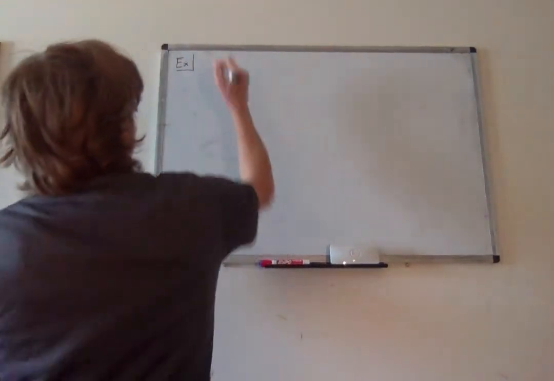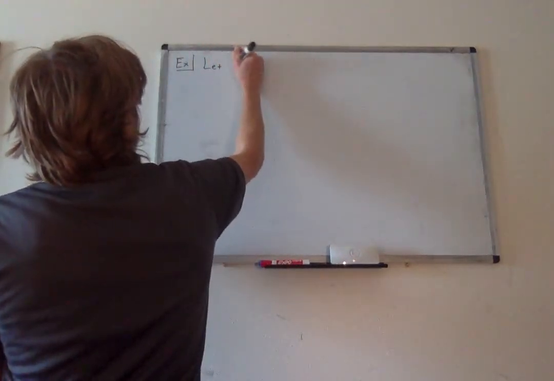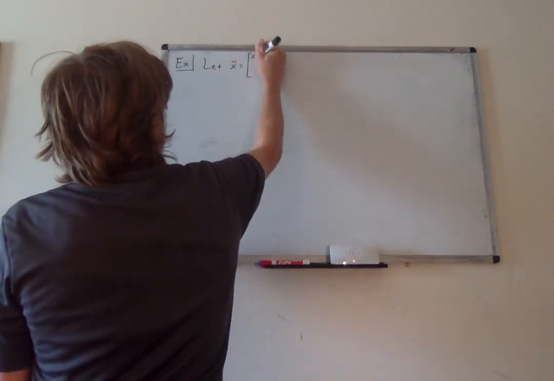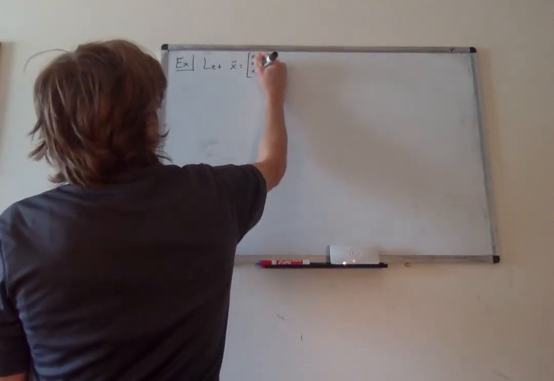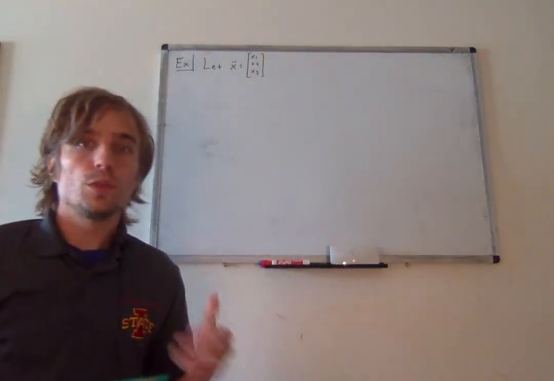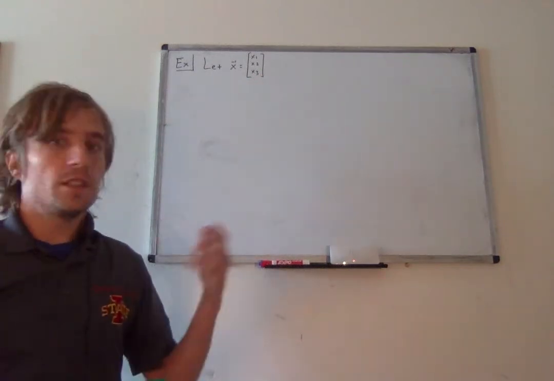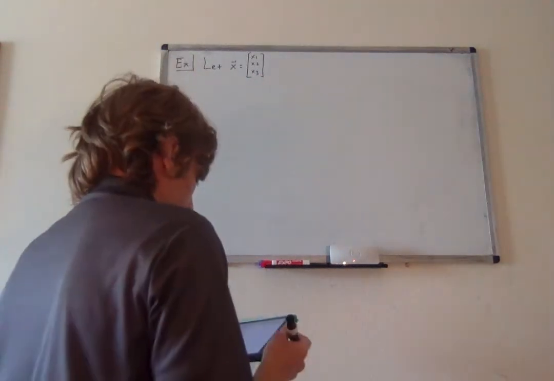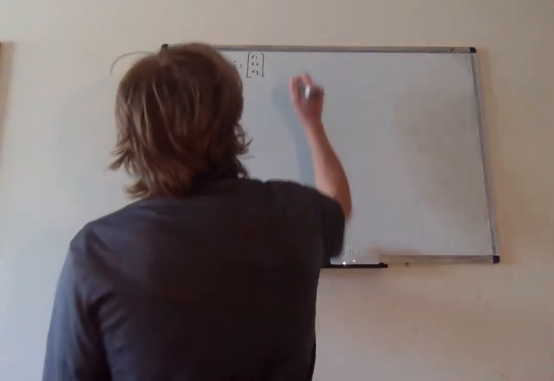So this time we're going to let x, and note that normally the variable vector won't always be specifically stated like this, but it's just always assumed to be, if it's of length n, x1, x2, x3, all the way up to xn. Those are just the assumed entries in general.